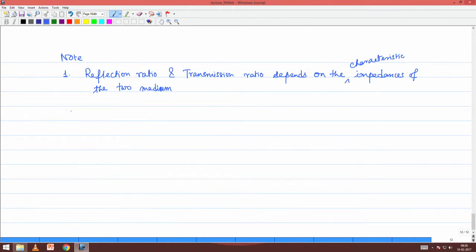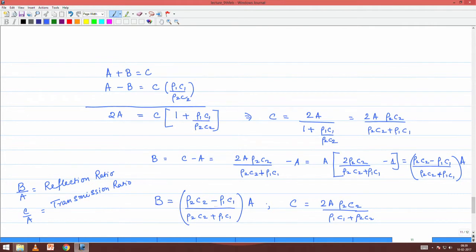Another important observation falls out from the fact that if you have the two media to be different, but the characteristic impedance is the same. In that case, you will have rho 2 C 2 equals rho 1 C 1, even though rho 2 may be different from rho 1 and C 2 may be different from C 1, their products might be equal.